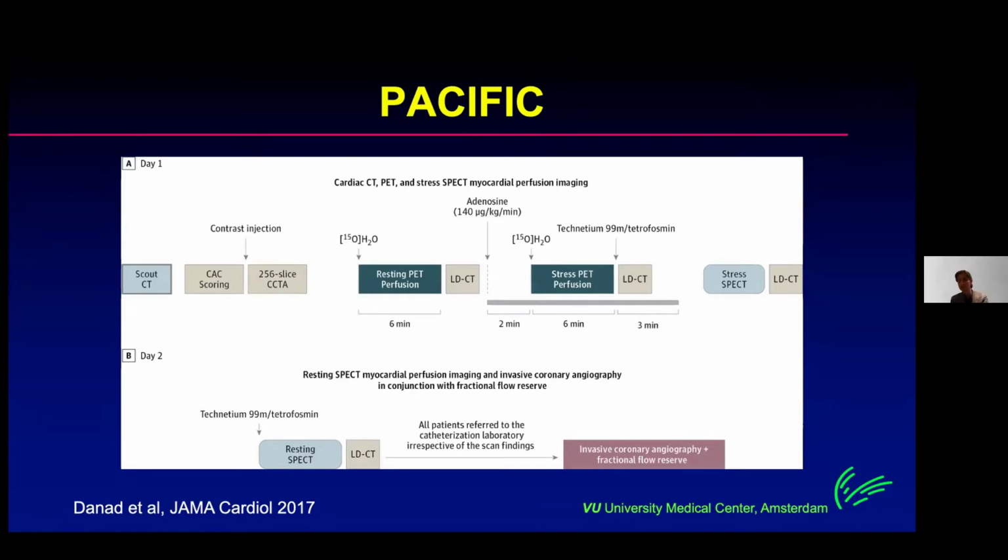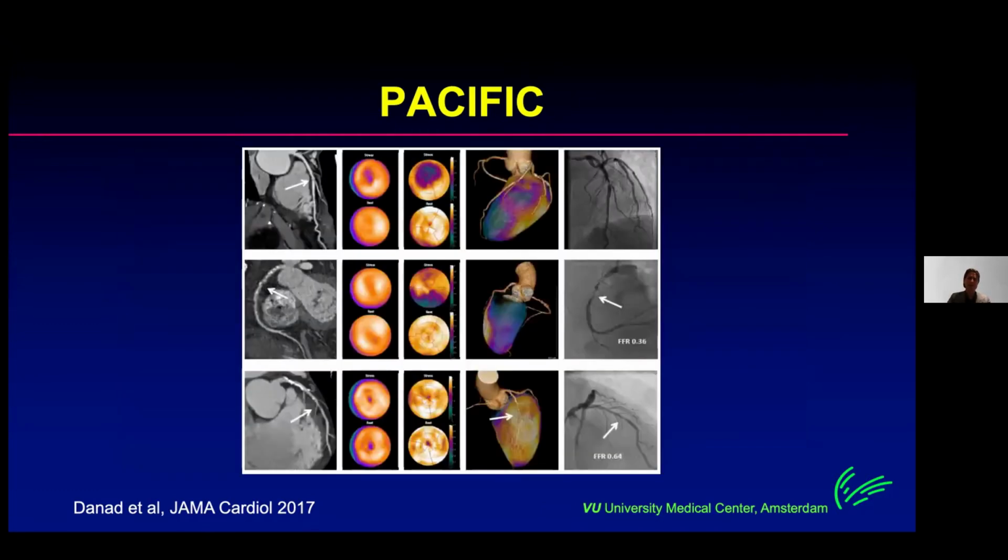So we did CT, we did SPECT, we did PET, and we did invasive coronary angiography with fractional flow reserve, which is the gold standard for revascularization, and had this stringent protocol, and found out what the results were. So PACIFIC basically meant each patient without known coronary disease had CT and SPECT and PET and invasive coronary angiography.